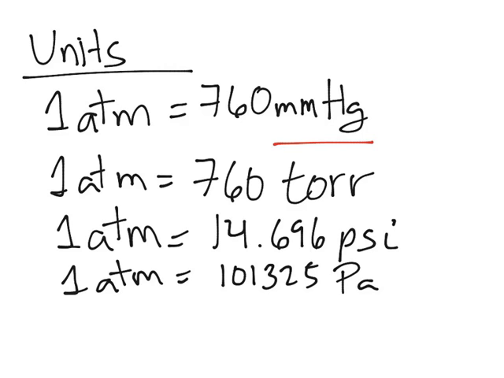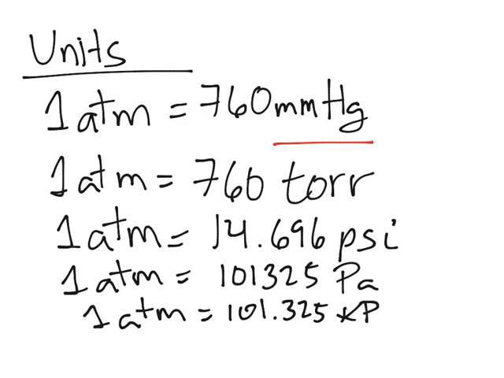Or you could just say 1 atmosphere is equal to 101.325 kilopascal. And there's one more unit that we call a bar. So 1 bar is equal to 10 to the 5th Pascal.